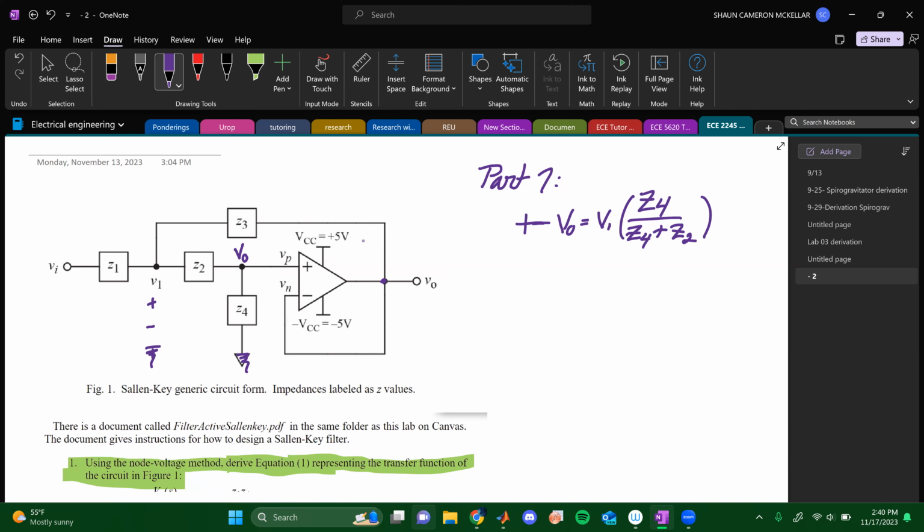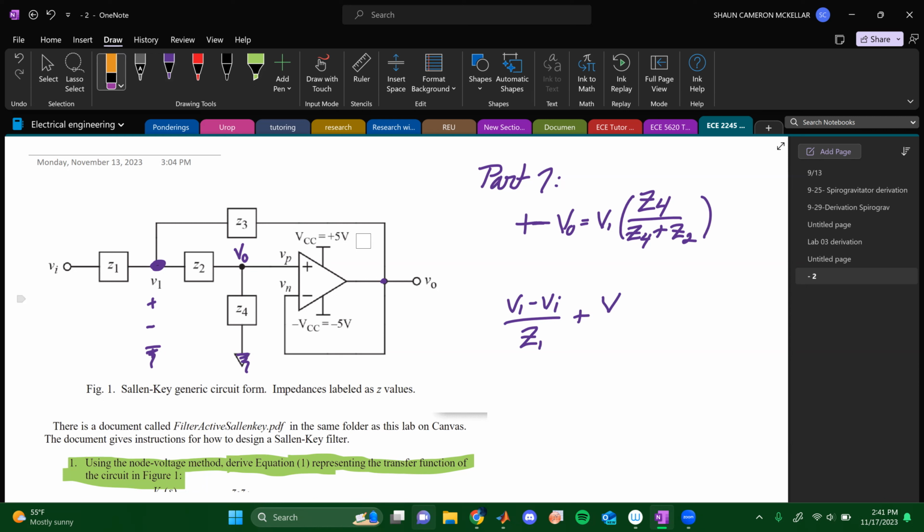But so the way that we go about this, starting with the node voltage at V1, I'm going to write V1 minus VI over Z1. And then plus, that'll be this feedback loop.